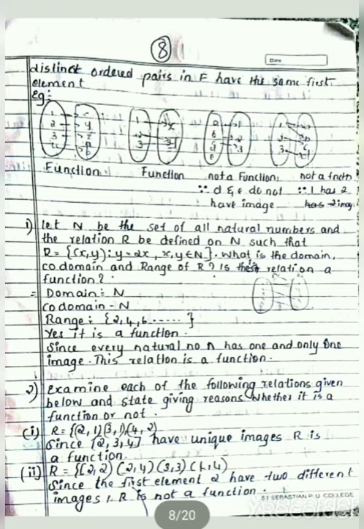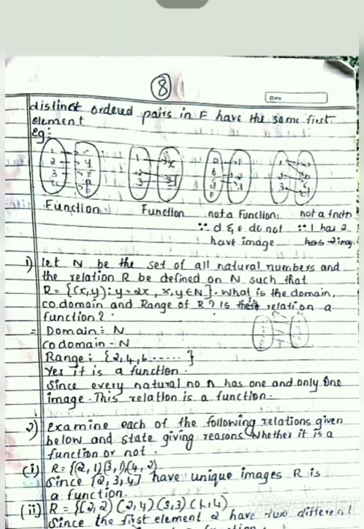In that, all the elements of A, that is 1, 2, 3, 4, have images and only one image, not more than one. See, 1 has the image x, 2 has the image y, 3 has the image a and 4 has the image b.